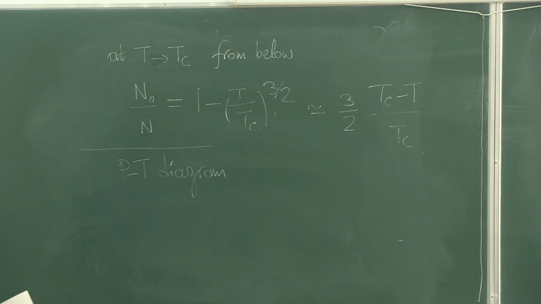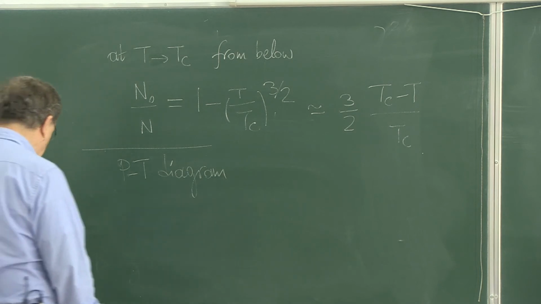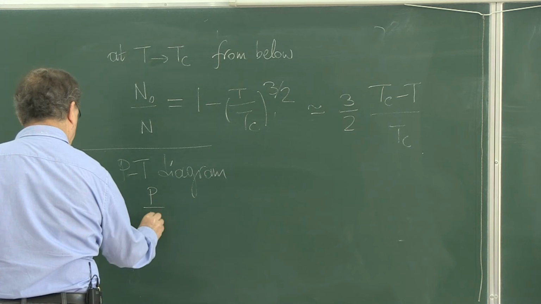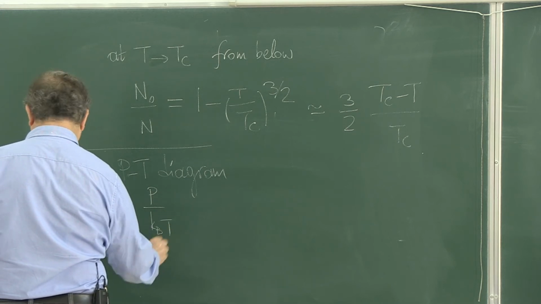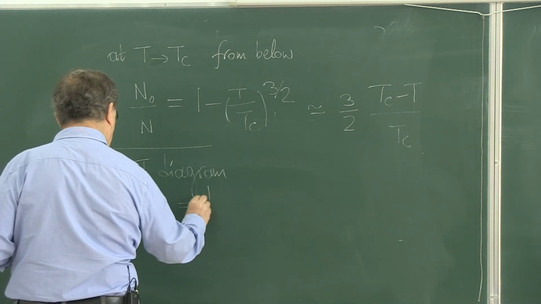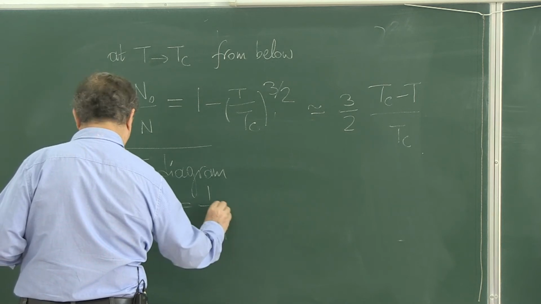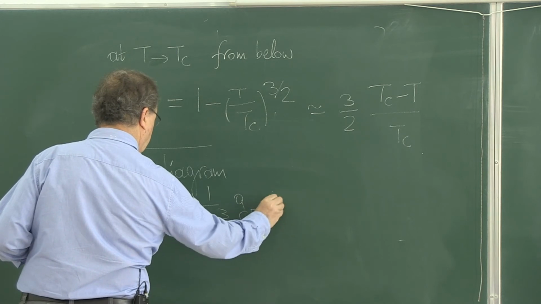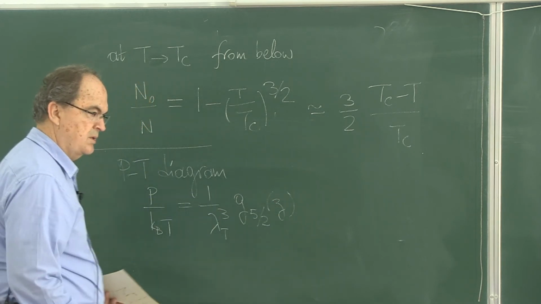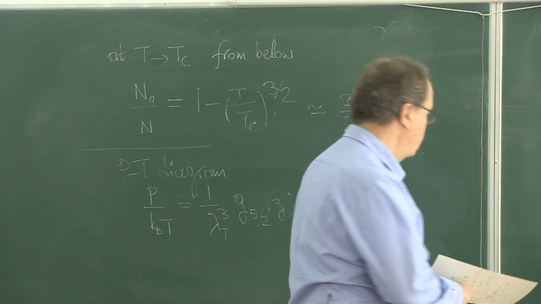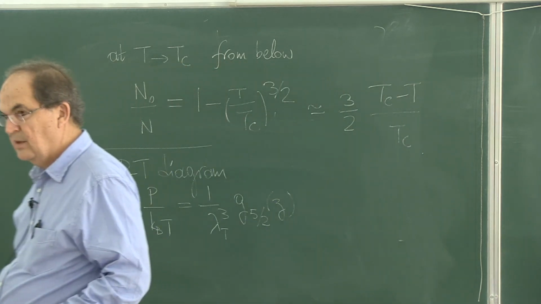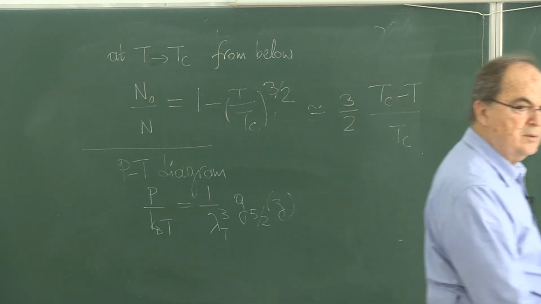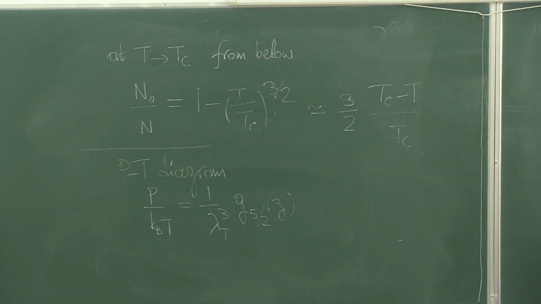I have to get the expression to plot that. P over kBT, we know the start. It is 1 over lambda_T cubed, g_5/2(z), in terms of the Bose-Einstein function. Do you have any questions up to now? Are you following? Yeah.